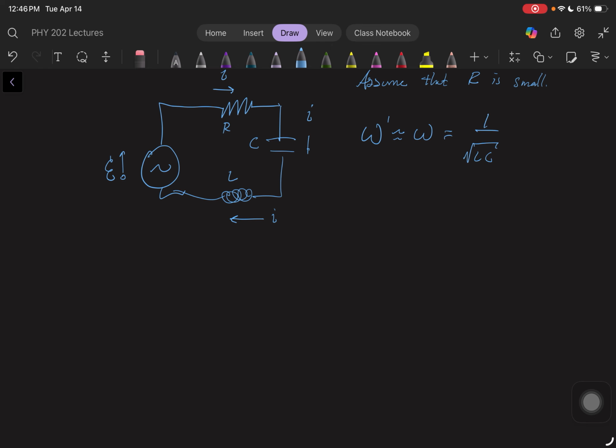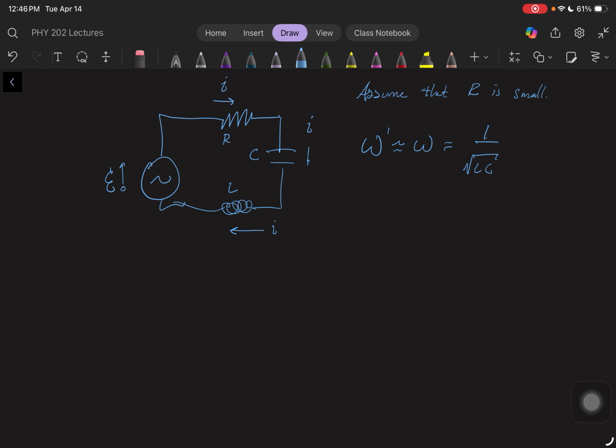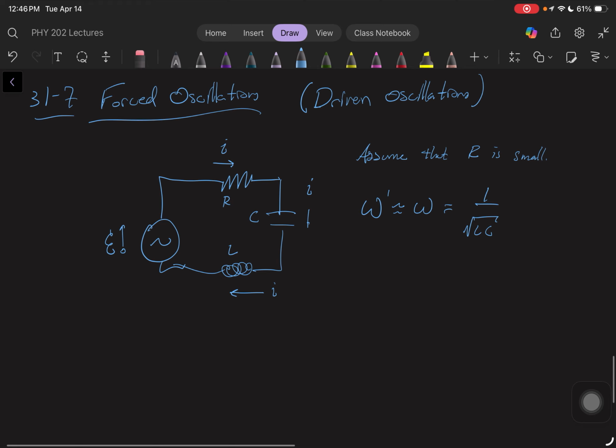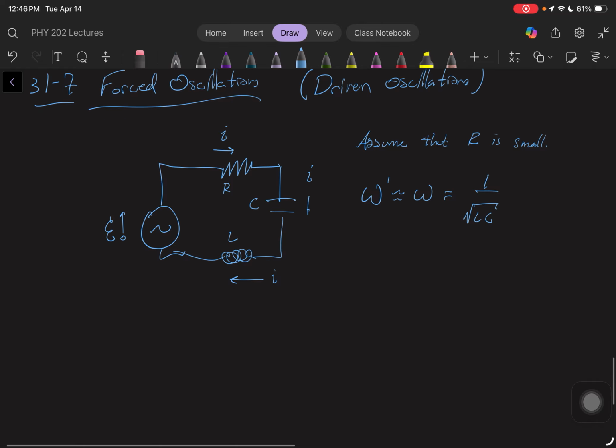Right, and we're doing the same game we've done through the entire year, last semester, this semester. When we're introducing a new thing, like a driving alternating current, we're going to try to simplify it as much as possible to figure out how the basics work, and then we'll build from there.